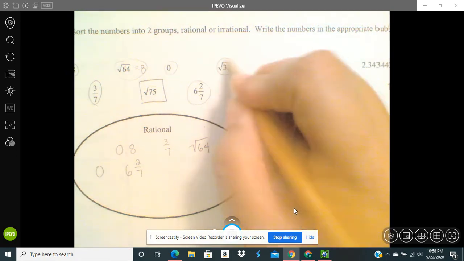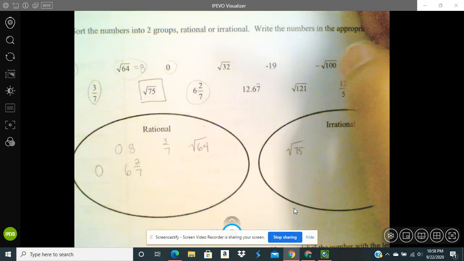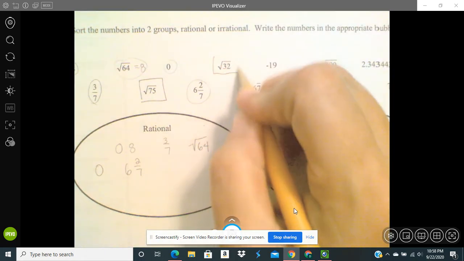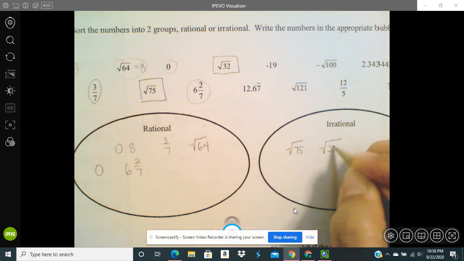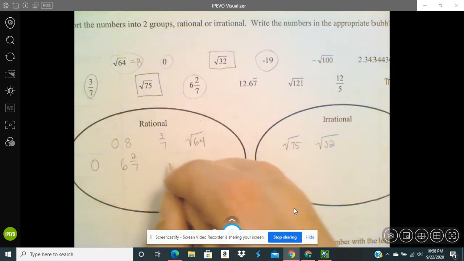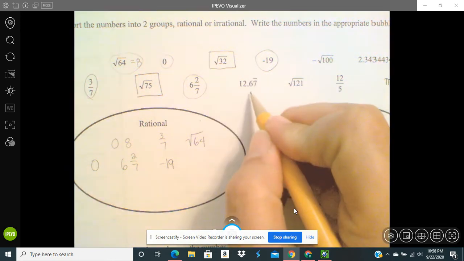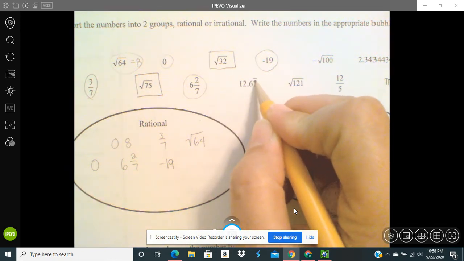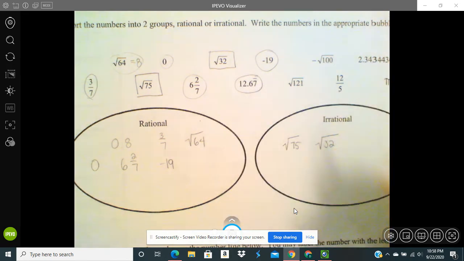The square root of 32, that's irrational. 32 is not a square. Negative 19 is an integer. Therefore, it is rational. 12.67, oh, there's a repeating bar. I know that this 7 is going to repeat.